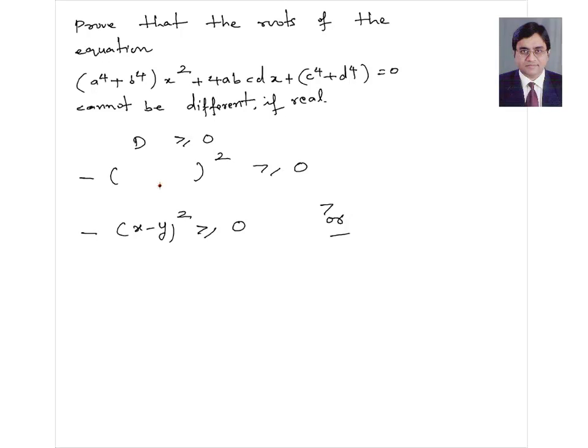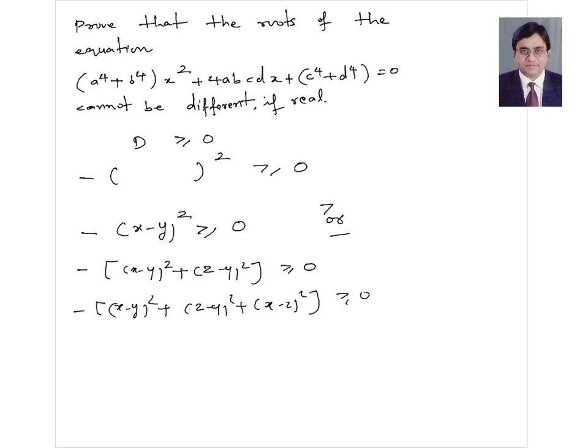Right? So, taking that clue, the challenge would be to get this type of some positive character here. It does not have to be (x minus y) square type. Some positive type of character is what you need. There are several positive type of characters. Maybe this, or maybe this, (x minus y) square, (z minus y) square, (x minus z) square.